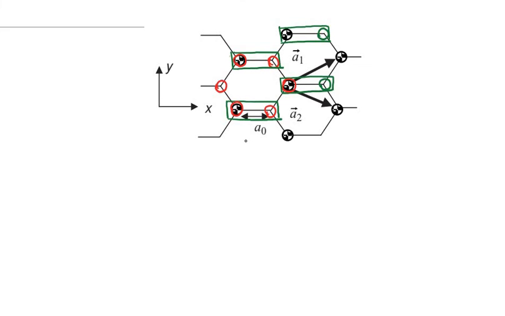the crystal structure, are basically defined as the vectors that can take one unit cell to another position within the crystal structure, such that that unit cell sees the same environment as before. Okay, so here we basically define these lattice translation vectors to be this vector a1, this is the conventional vector, and this vector a2.